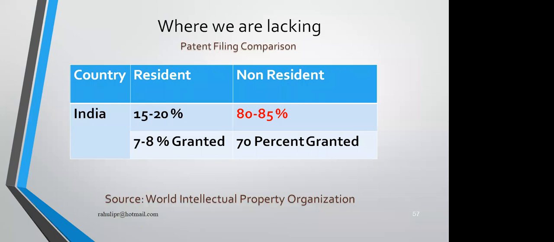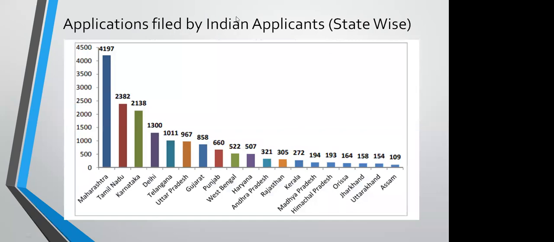So now you can see the difference between both ratios. Among applications filed by Indian applicants state-wise, Maharashtra, Tamil Nadu, Karnataka have filed the maximum patents, then Delhi, Telangana, Uttar Pradesh, Gujarat, Punjab, West Bengal, Haryana, followed by Assam, which has filed only 109 patents. So you can see the difference.